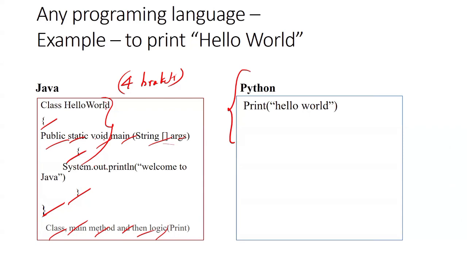It just says print hello world. No need to write any of the predefined words that we have written in Java. No need to write brackets. No need to write some additional code. You can simply write print hello world. That's Python for you. So it's an easy syntax, a very easy syntax. So that made our work easier.